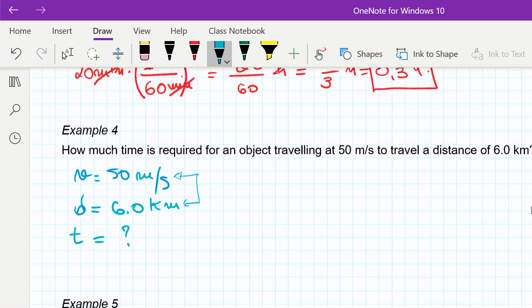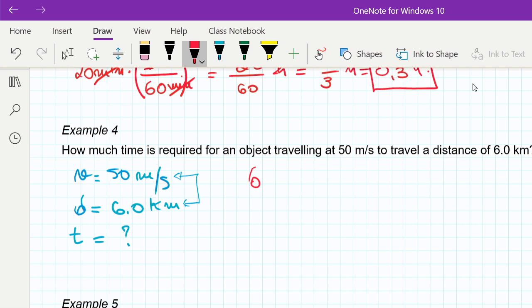What do you think is the easiest way: to convert meters per second into kilometers per hour, or kilometers into meters? So the answer was kilometers to meters. It's great, and it is the easiest one to do. So let's start converting them.